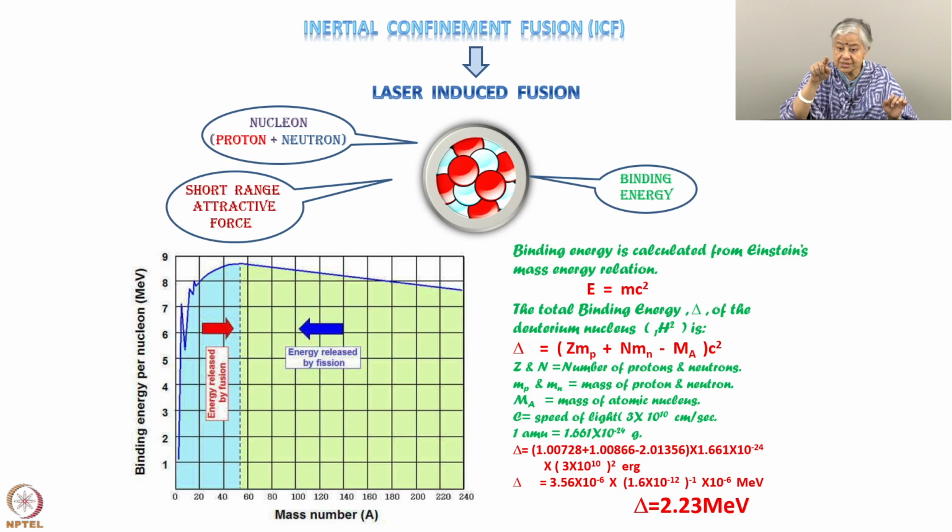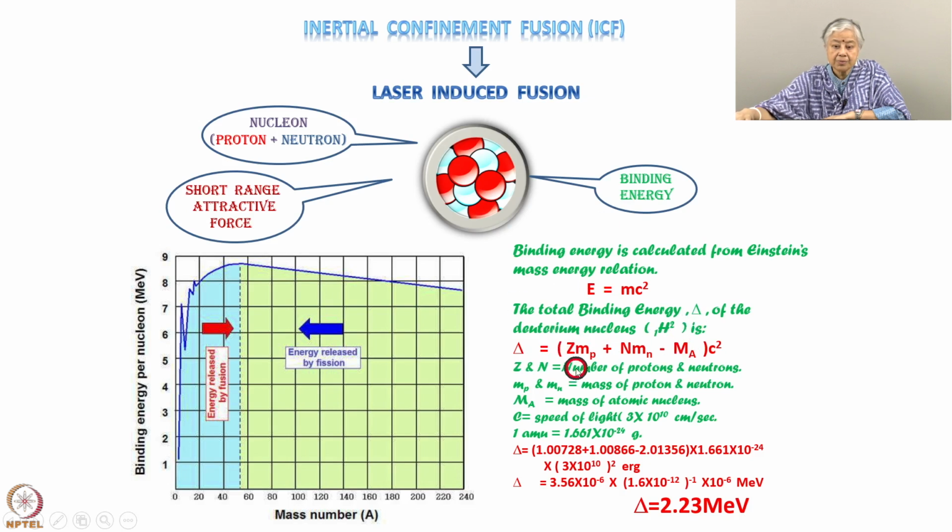So, the 2 here means it has a proton and a neutron. Deuterium is an isotope of hydrogen. Here I should calculate the total binding energy given by delta.